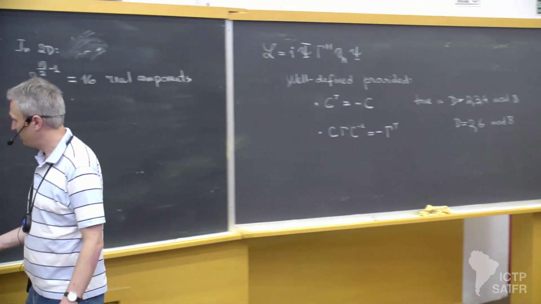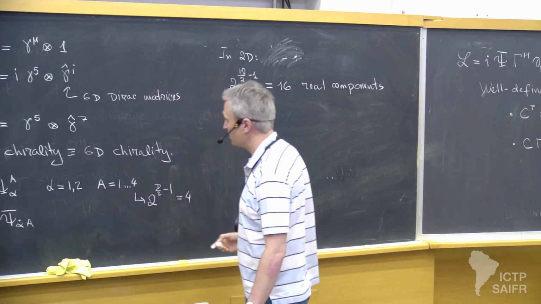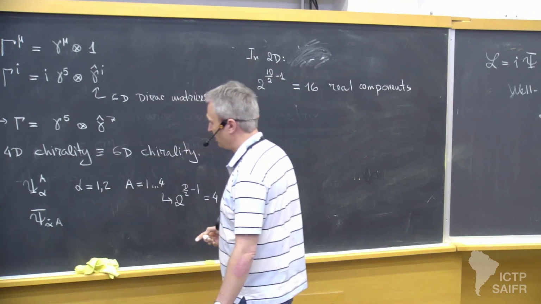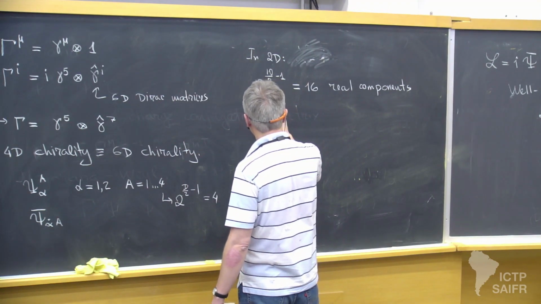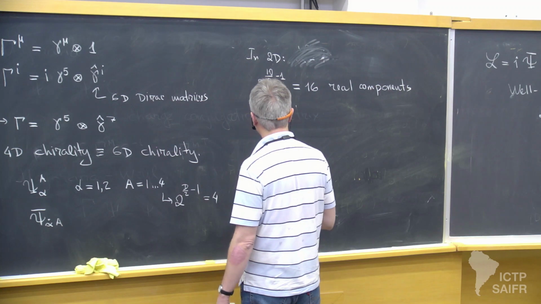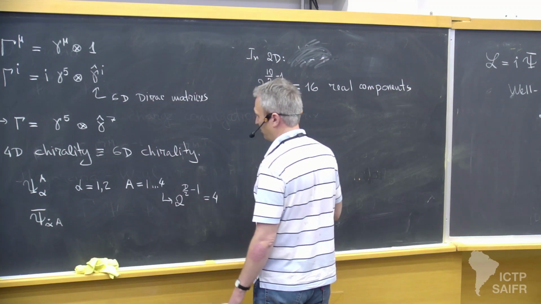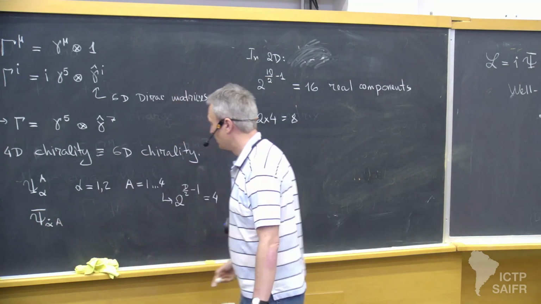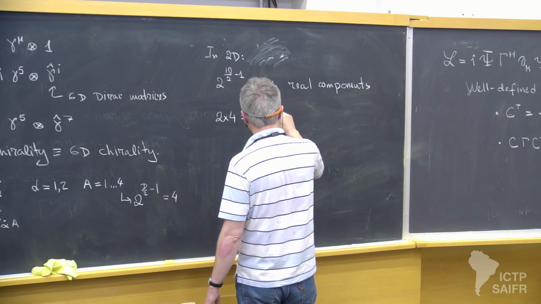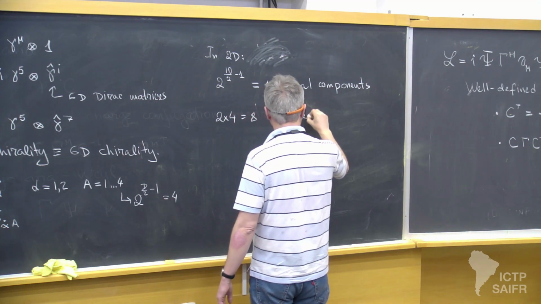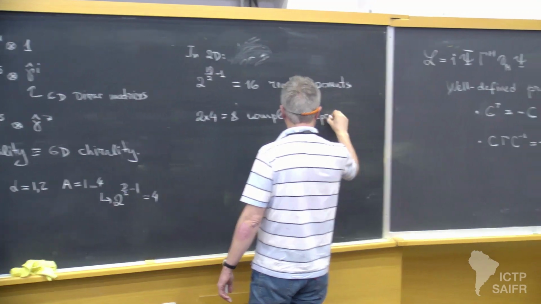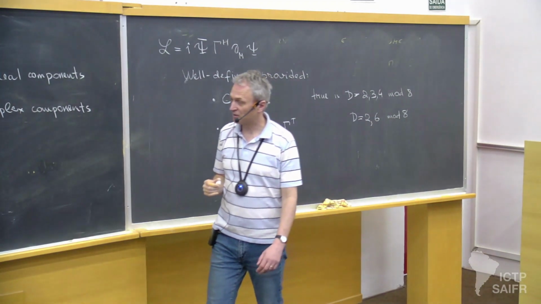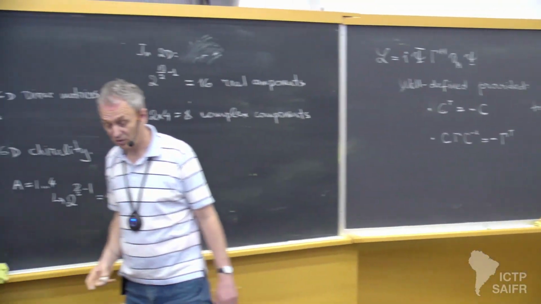Let's see how many we get using 4-dimensional notations. We can just count the number of components here. This will be 2 times 4, and that's 8. But this spinor is complex. We can consider the other as a complex conjugate to it. So what we get is 8 complex components. So the counting works, and this is how the spinors look in 4 dimensions.